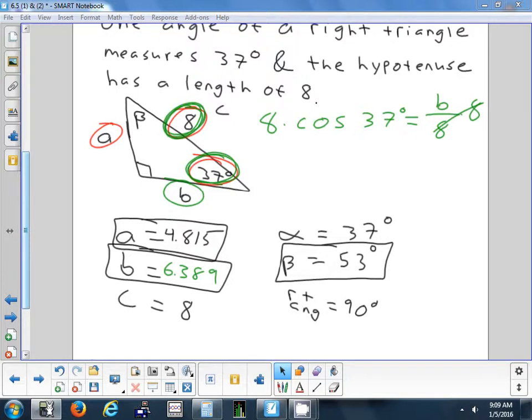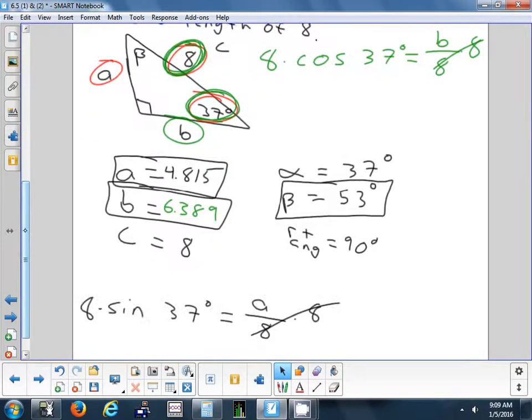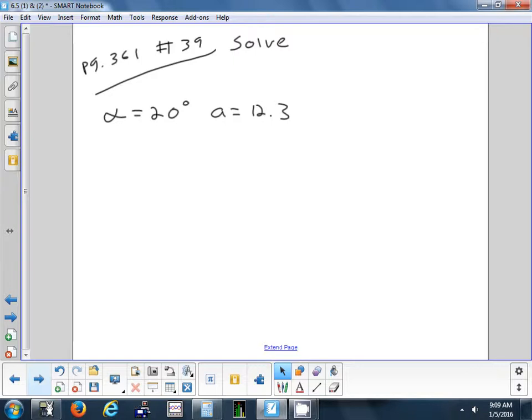Okay, another thing I usually check just to make sure it makes sense is the biggest angle should always be across from the biggest side, and the smallest angle should always be across from the smallest side. If that ever doesn't happen, something's wrong. All right, so we'll try one more of that type, and then we'll move on to the last type for solving triangles.